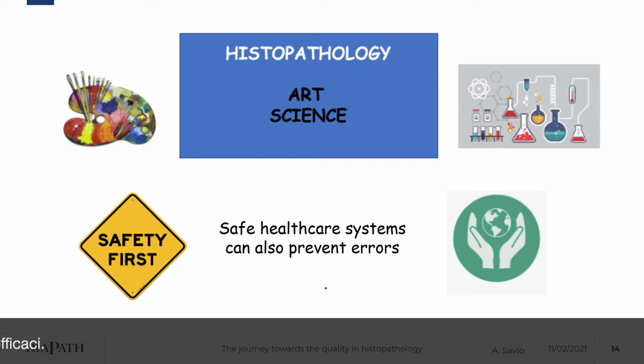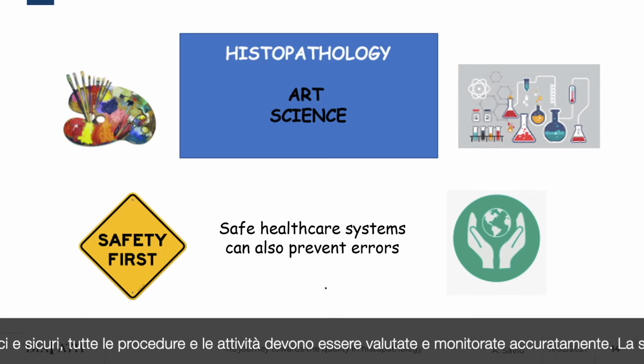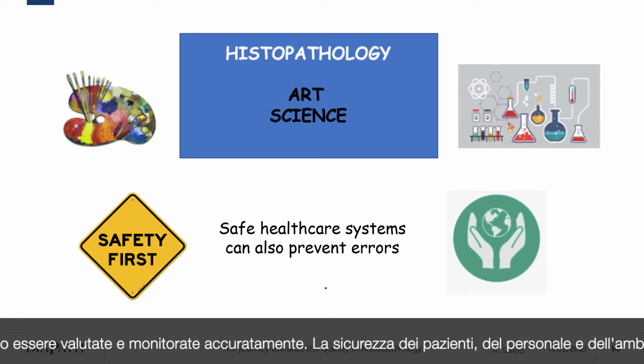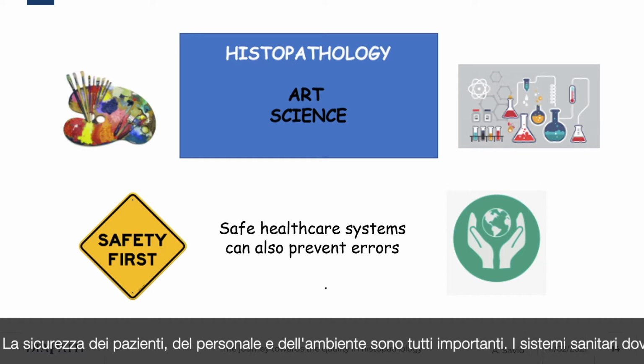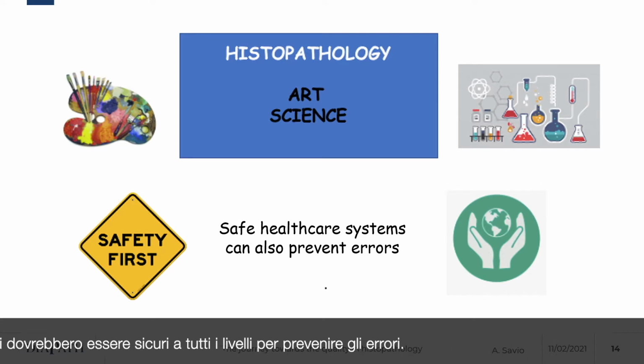To be effective and safe, all the procedures and activities should be evaluated and monitored accurately. The safety of patients, staff and the environment are all important. Healthcare systems should be safe at all levels to prevent errors.